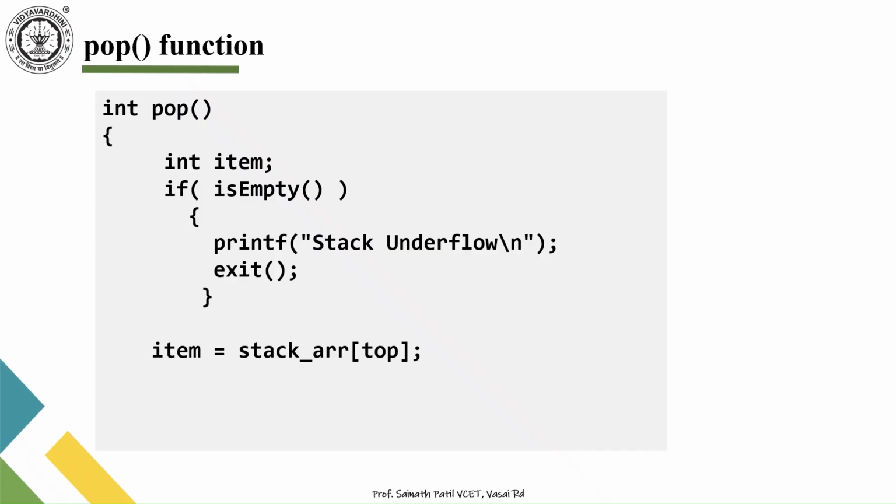Otherwise, item is equal to stack array of top, that is, the top value will be read and assigned to item, and we do top is equal to top minus 1, or top minus minus, and return that item to the main program. This is the end of pop. So using this function, we can pop an item or value from the top of the stack.